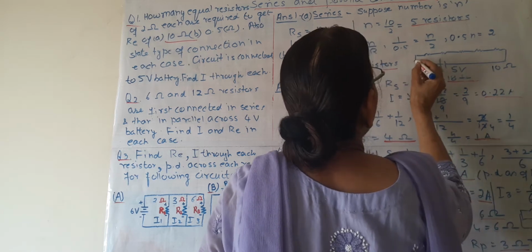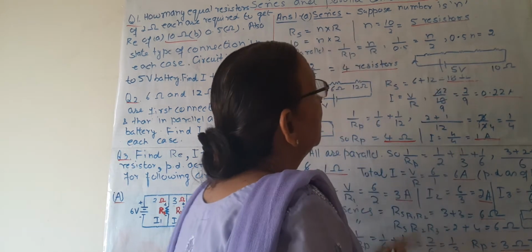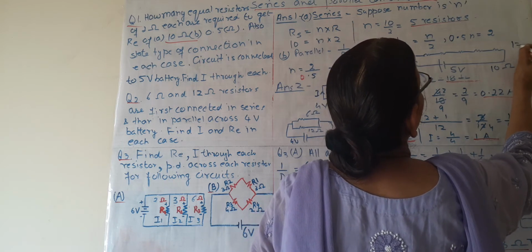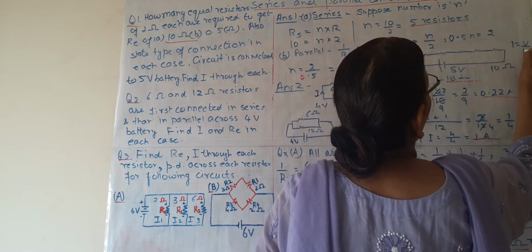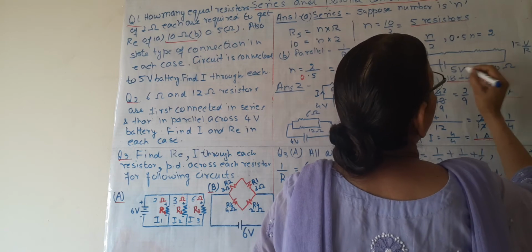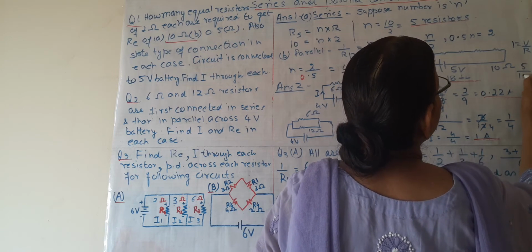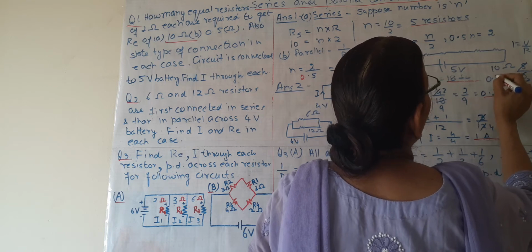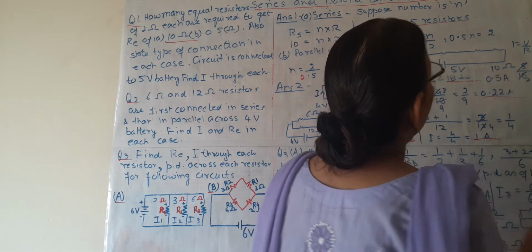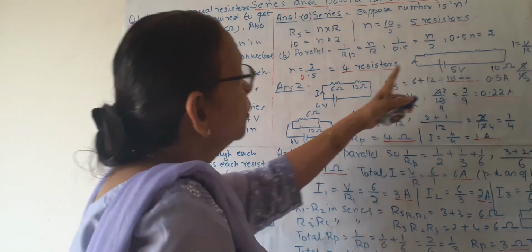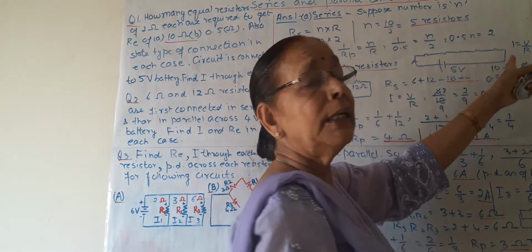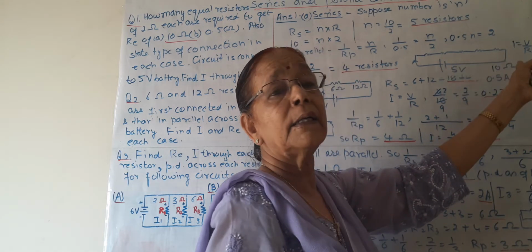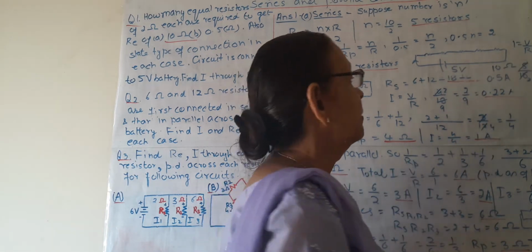So how much current will flow? Current I is equal to V upon R. V is 5, R is 10, 1 by 2 or 0.5 ampere. Current will pass through each resistor in series, as in series the current is common in each resistor.